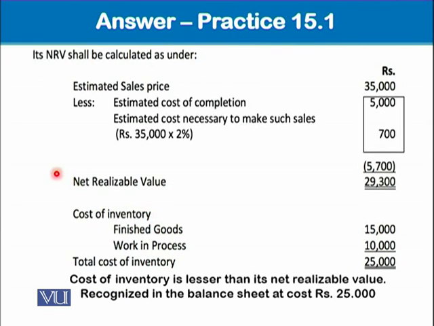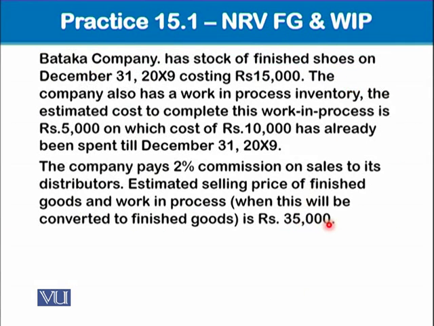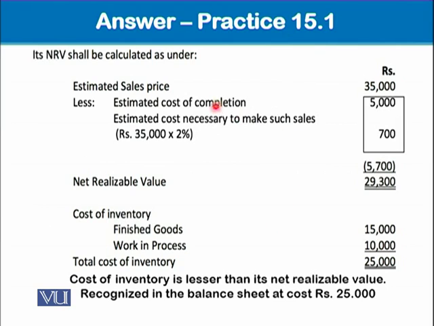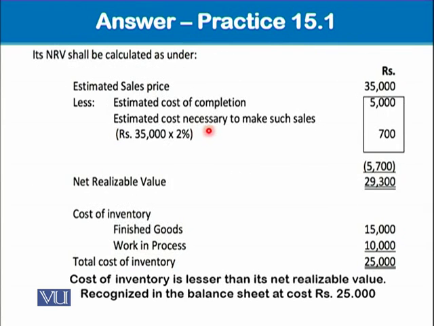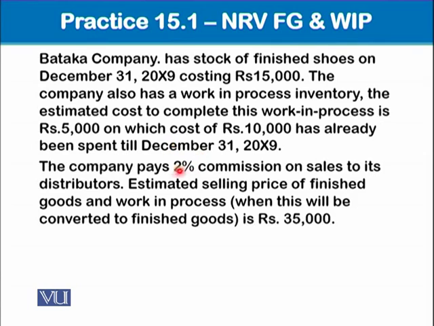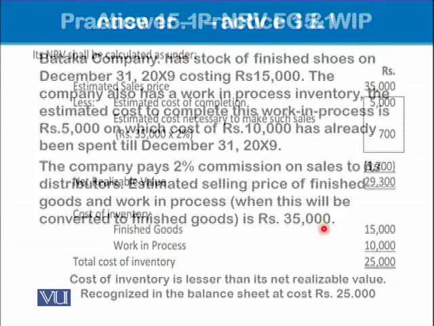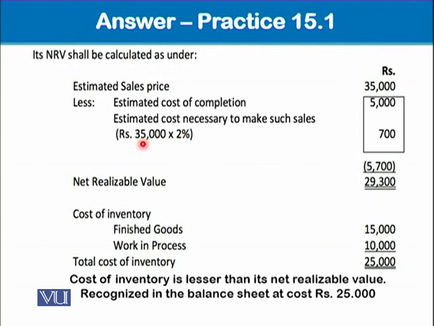So let's see how it will be worked out. The estimated selling price is 35,000, as given here. What to do? We have to deduct the estimated cost of completion, 5,000, given over here. And the estimated cost necessary to make such sales is 2% of the sales price, which is 35,000, so 2% of 35,000 is 700.